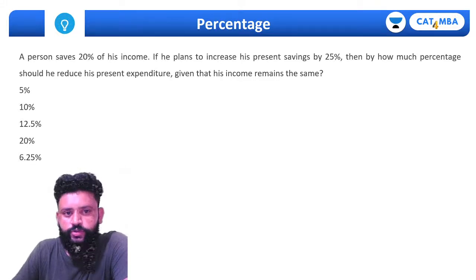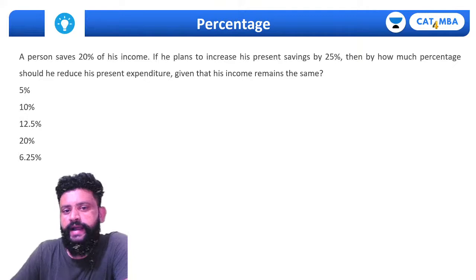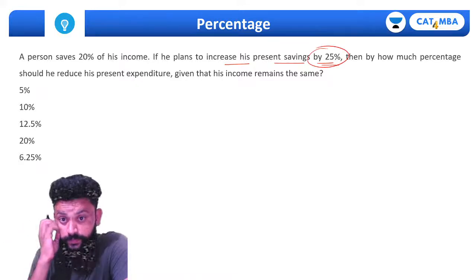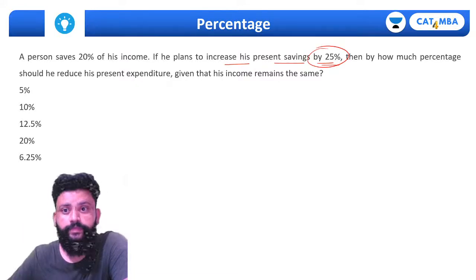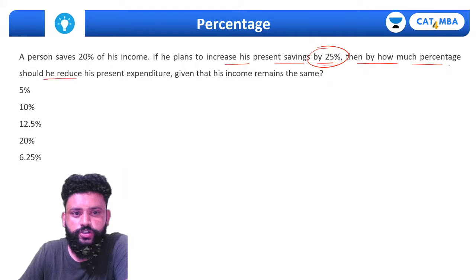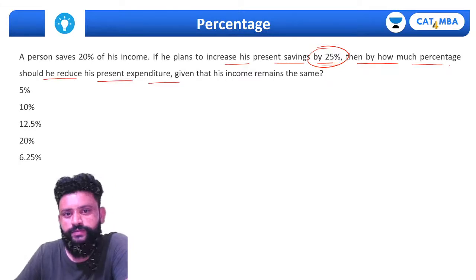A person saves 20% of his income and he plans to increase his present saving by 25%. Then by how much percentage should he reduce the expenditure?